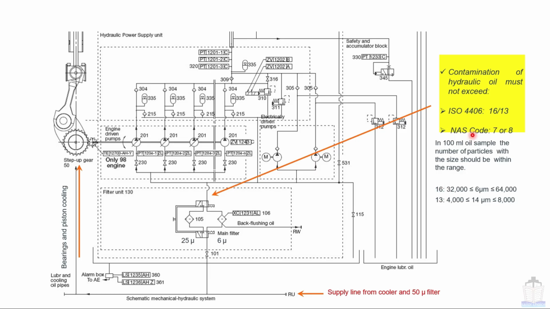That means as per 4406-16, the number of 6 micron particles should be between 32,000 and 64,000, and as per 4406-13, the number of 14 micron particles should be between 4,000 and 8,000. So this is the standard requirement as per ISO for this hydraulic oil. This criterion will be met by this automatic filter.